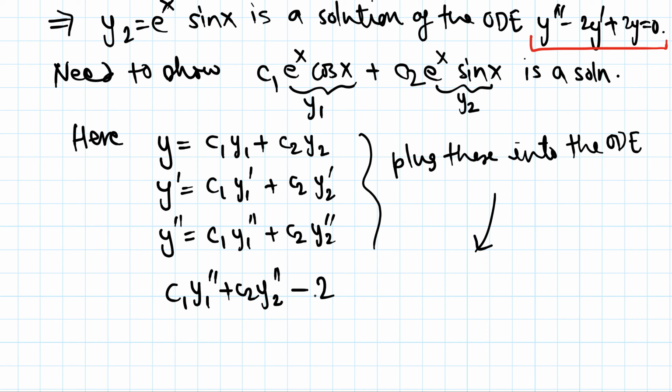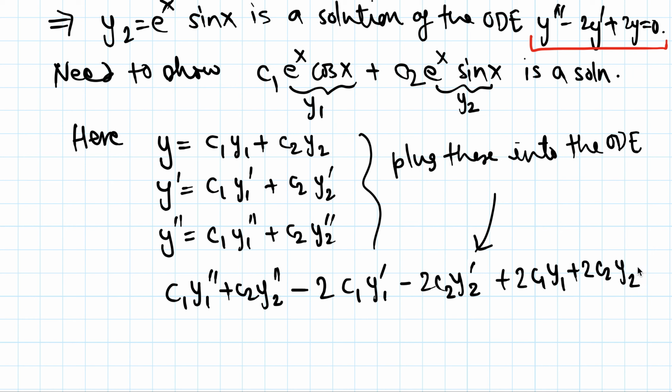So y prime is here, so we need to distribute -2. -2 C1 y1 prime minus 2 times C2, my bad, it's not double, just y2 prime, that's the second term, plus 2y, 2 times this, so distribute 2, 2c1 y1 plus 2c2 y2. We are trying to see if this is 0, I'm asking.